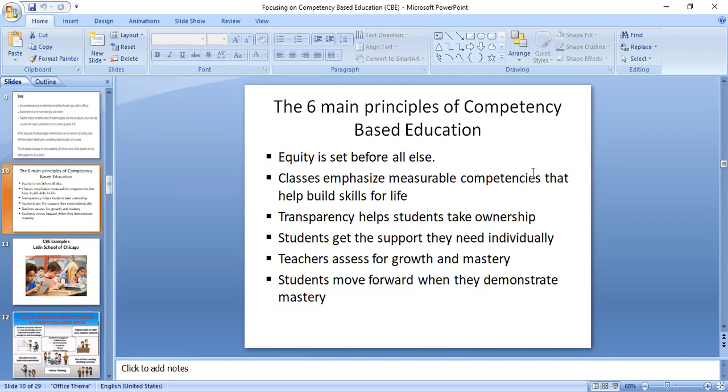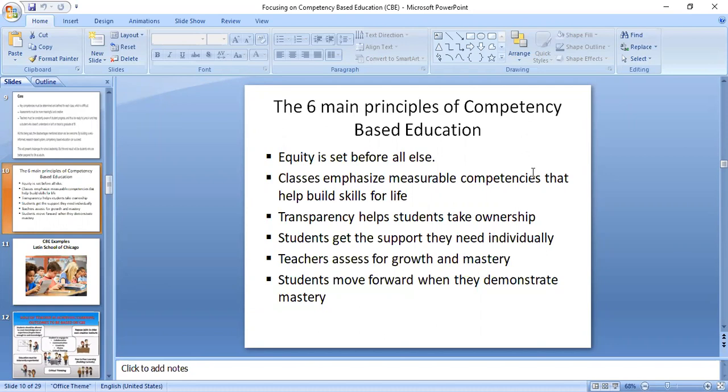Next is students get the support they need individually. Following the above example, let's say that the student has a problem with his garden project and comes to the conclusion that he needs help. This is where the teacher's ability comes into the picture. In a CBE environment, students should have a framework to understand how long they should work on a problem before asking for help, and when in the class time they can approach the teacher.